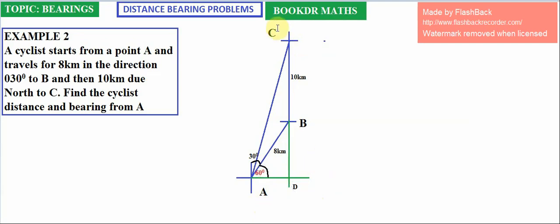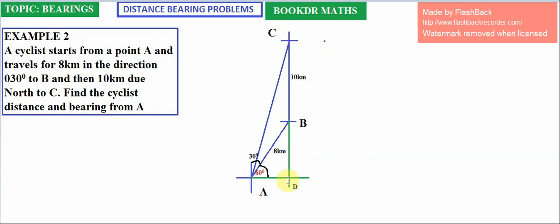Good. Now you can see ADC taking the whole shape. It's a right angle triangle because anytime the east-west line intersects the north-south line, an angle of 90 degrees is formed. They are always perpendicular to each other.